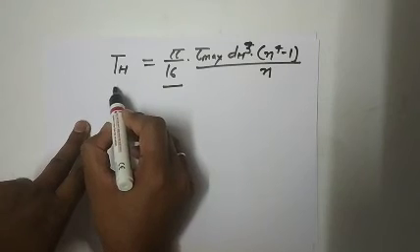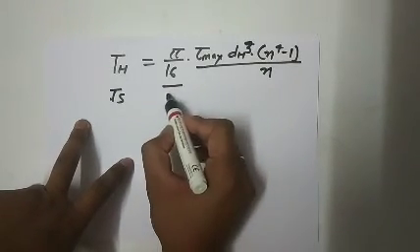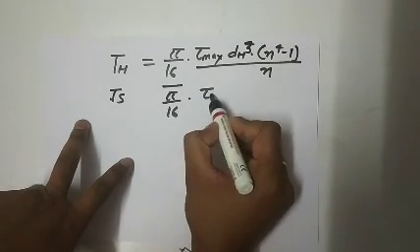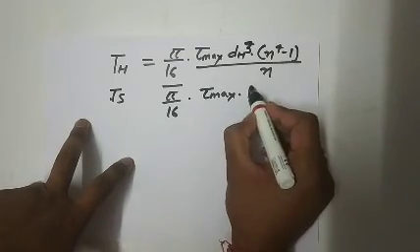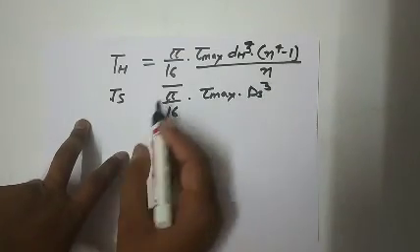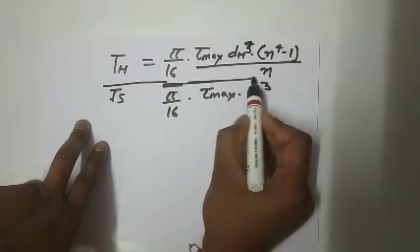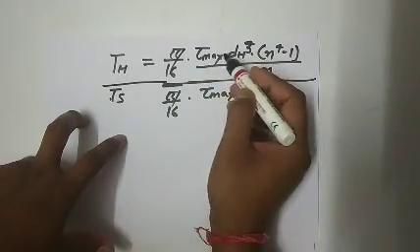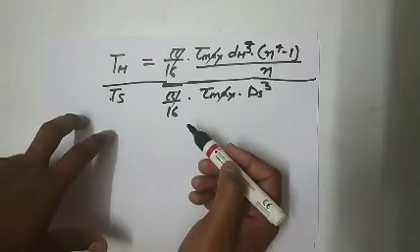And T solid will be pi by 16 into tau max into ds cube. If we are comparing it, then divide these two equations. Right? These both will be cancelled out. Tau max will be cancelled out.